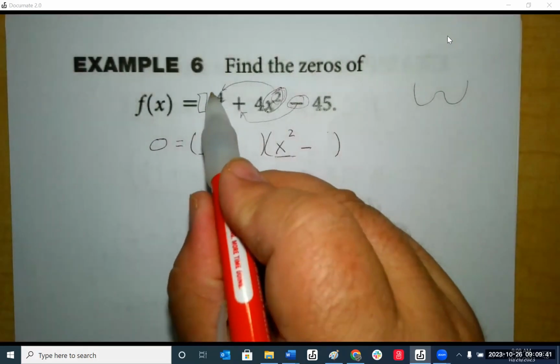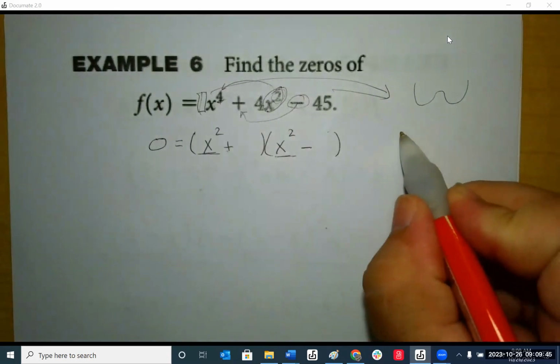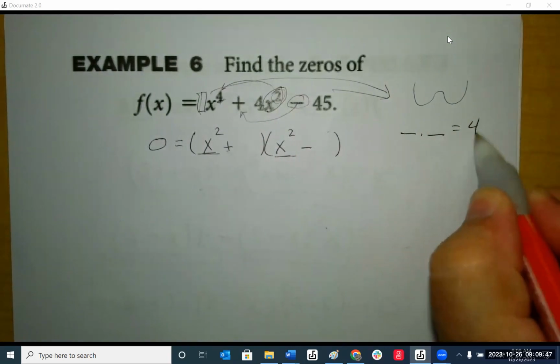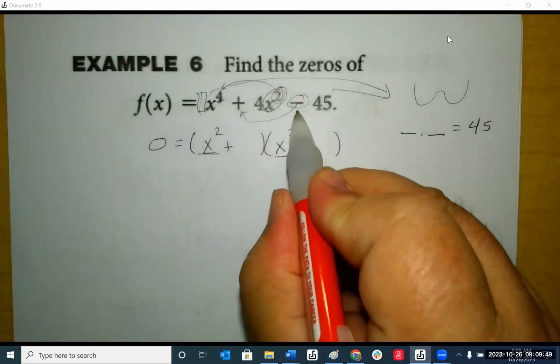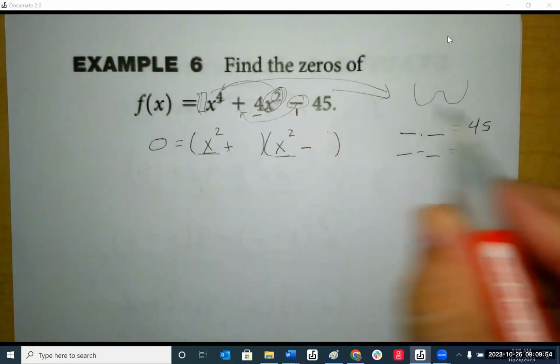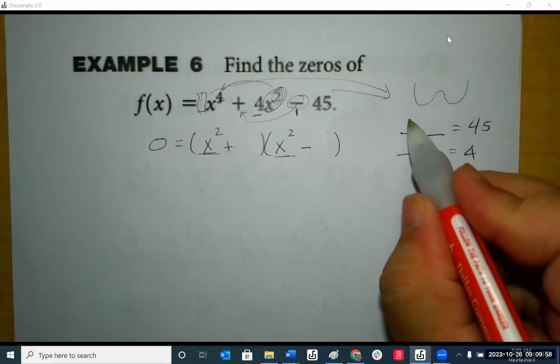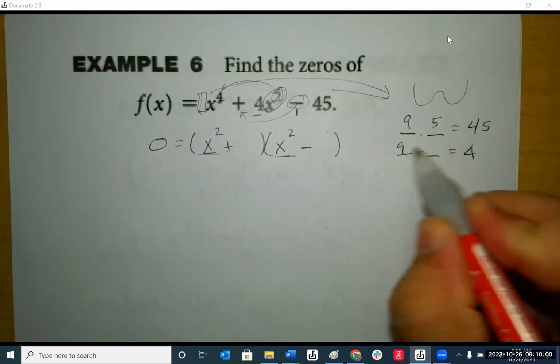So next thing, 1 times 45. What times what equals 45? When you subtract them, they equal 4. 9 and 5.